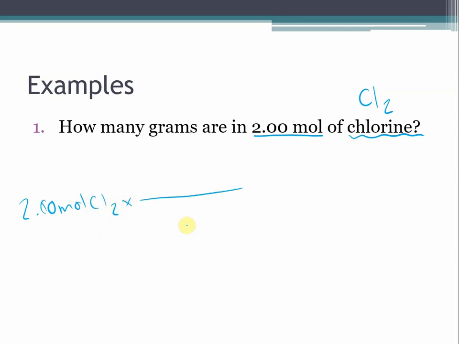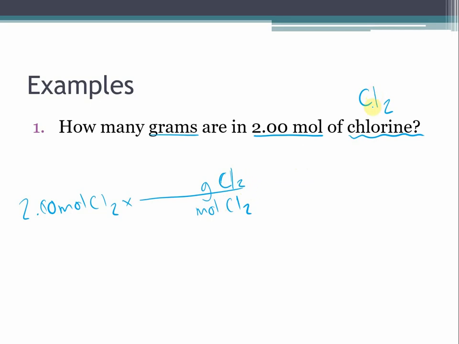What goes up must come down, so moles of Cl2 will come into the bottom. We are looking for grams of Cl2, so we'll put grams of Cl2 in the top.